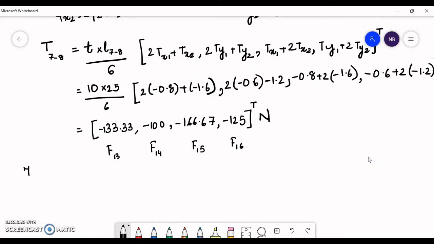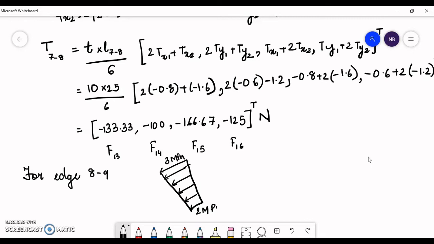The same procedure we have to repeat for the edge 8, 9. And here we have 3 MPa and 2 MPa.